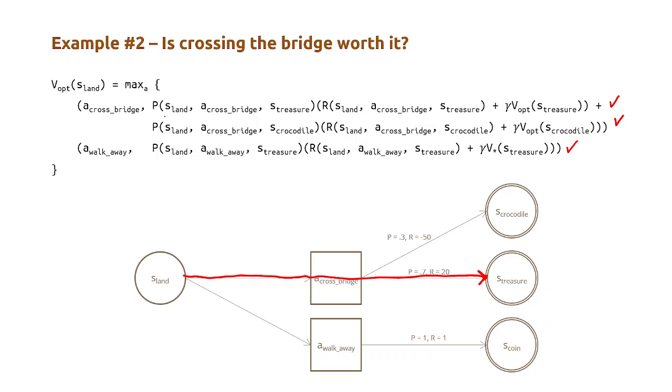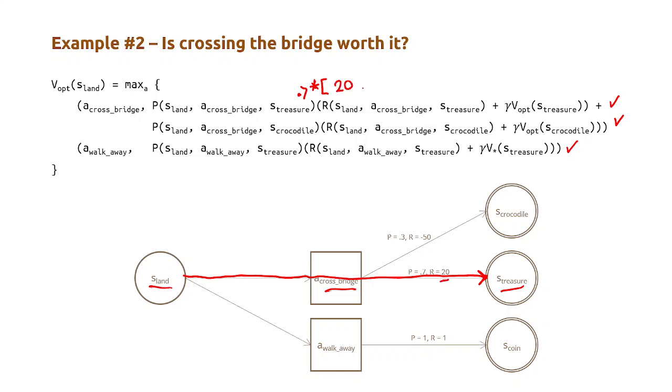So what is the probability of S land, cross bridge, treasure? It is 0.7. So we have 0.7 times, what is the reward of S land, cross bridge, treasure? The reward is 20, right?